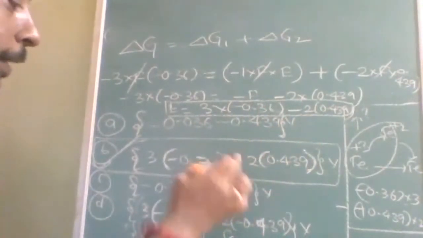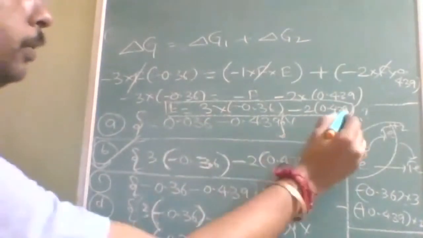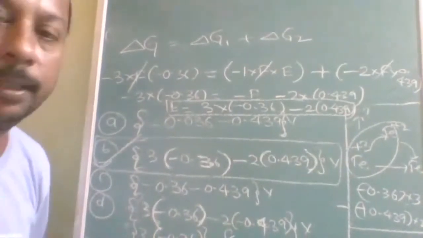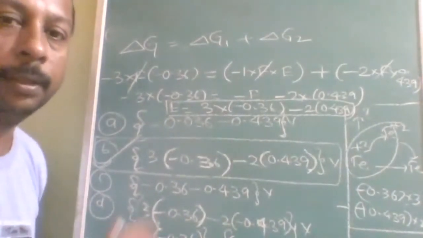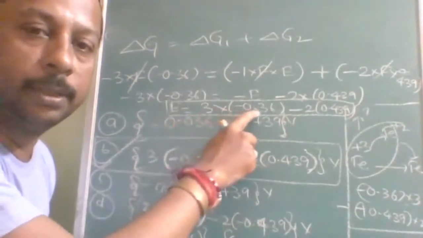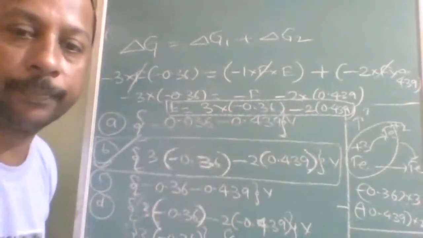Here also the minus sign is not there, minus 0.439. Anyhow, this is the final answer. I think some print mistake is there in the question. So the correct option is 3 into minus 0.36 minus 2 into 0.439.